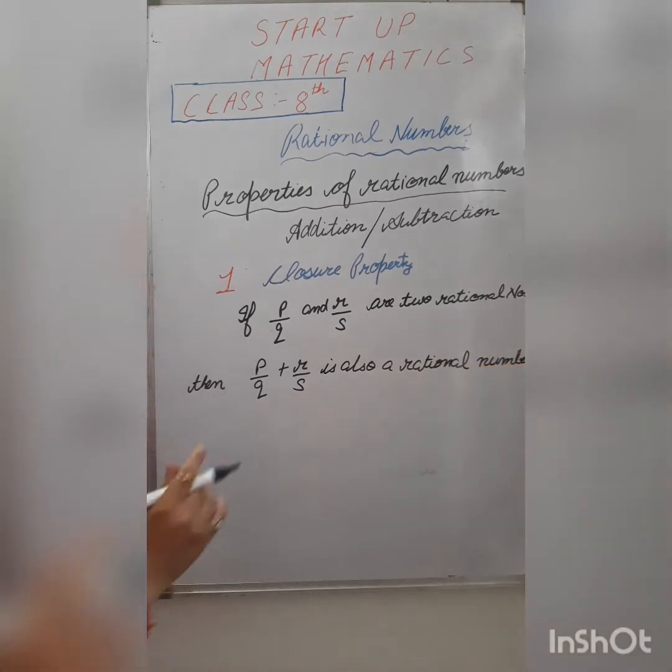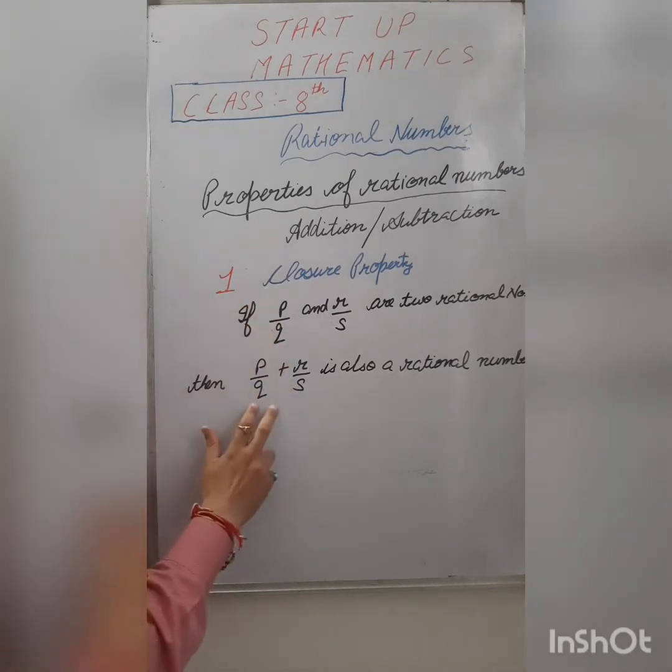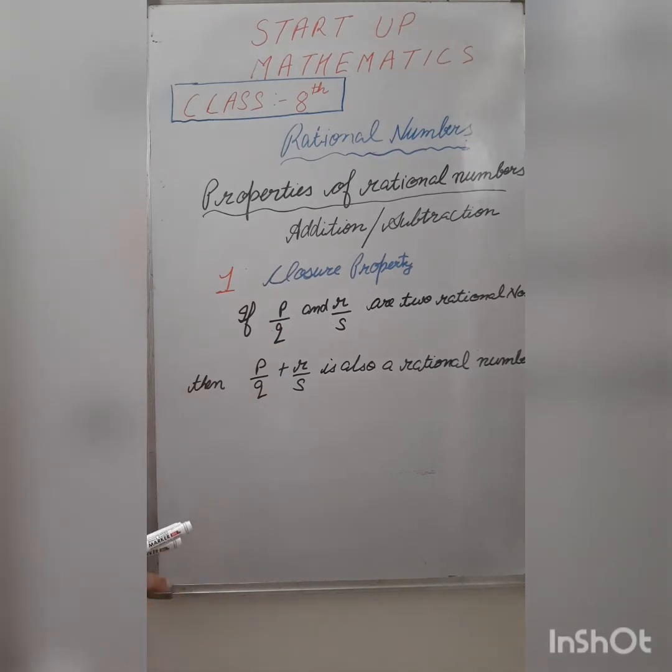You can add two rational numbers in any order, but as per this property, the addition of two rational numbers is always a rational number.